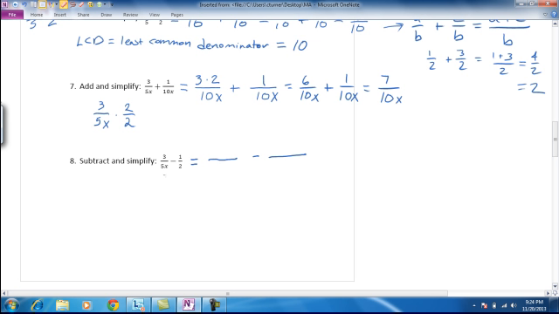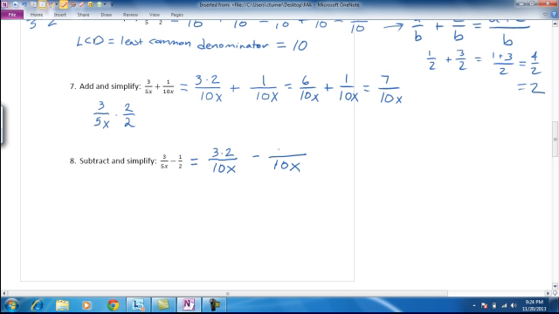So the product of all three factors, 5 times 2 times x, or 10x, becomes the LCD. That's pretty common. I wouldn't say that happens every time, but you'll find that to be a fairly common scenario. 5x goes into 10x twice, so we're going to have a 3 times 2 yet again there.